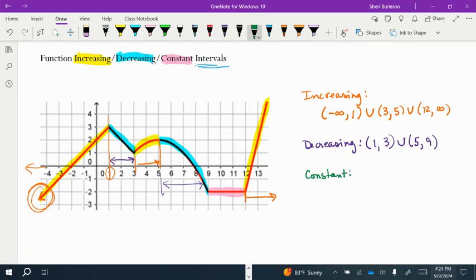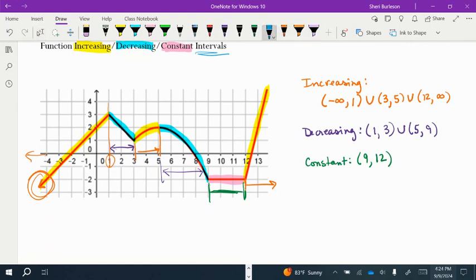The function is constant only in this section here. So those x values are from 9 to 12. Now, if I had given you a restricted domain, let's say that we are talking on the interval from -2 to +13, and I'm going to put an open circle there.